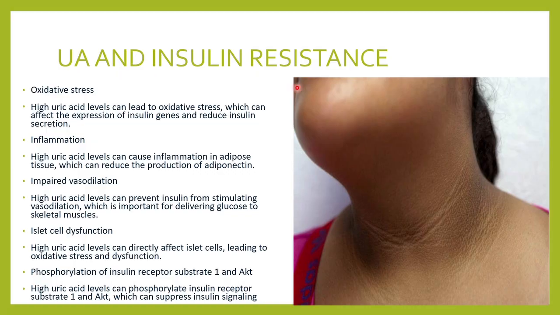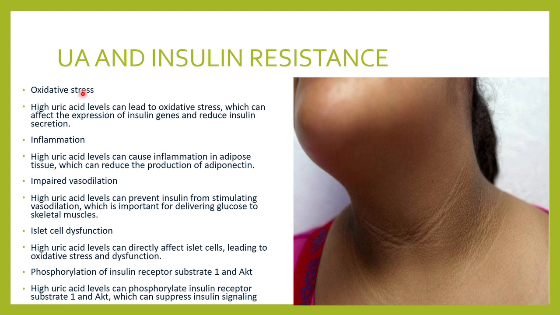Similarly, uric acid also causes insulin resistance. यहाँ पे आप देख सकते हो in the neck how the skin has become blackish because of this insulin resistance. And how does this cause insulin resistance? It can lead to oxidative stress, which will affect the expression of the insulin genes, and then insulin resistance might develop.